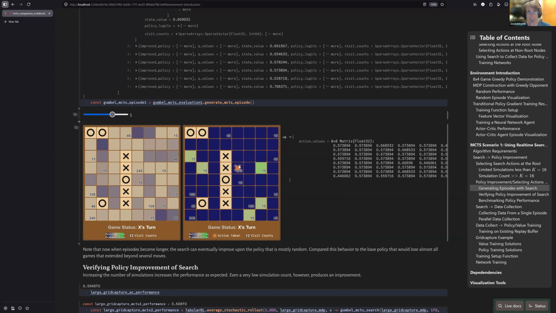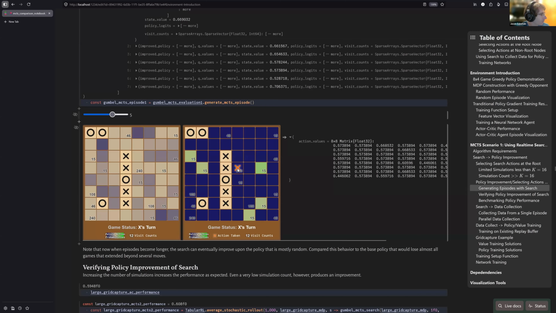Luckily, that might be bad for a single action selection, but it's not a problem in the long run because we're still sampling from this improved distribution. This is the action selected with the best information available at the time, and this is the distribution calculated retrospectively with the whole search tree.